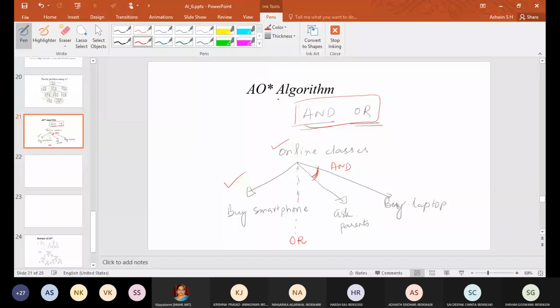You may ask me what is the difference between A star and AO star. AO star need not give an optimal solution, but what we normally do is break up a complex problem. A star gives you the optimal solution.